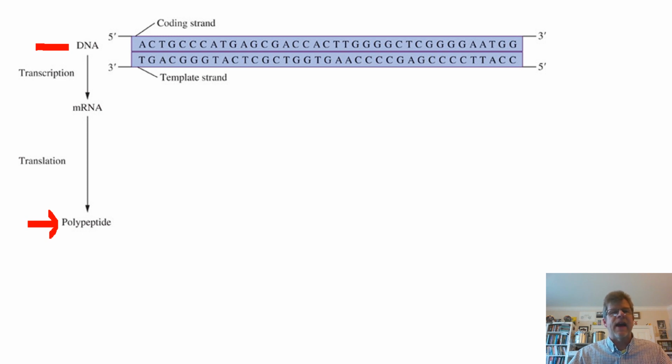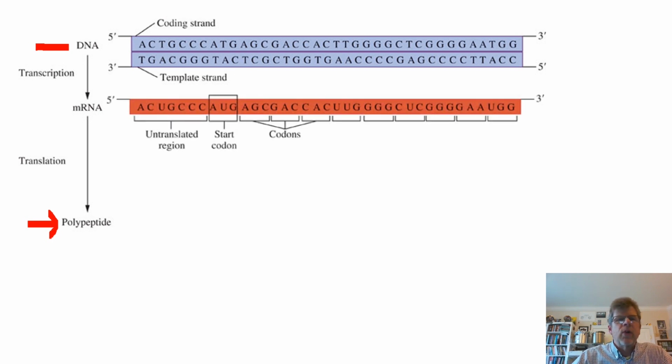We have our DNA, and our DNA is two strands put together. One is known as the coding strand, and one is given as the template strand. And from this DNA is what our messenger RNA is built from.